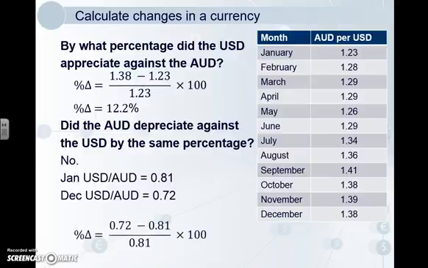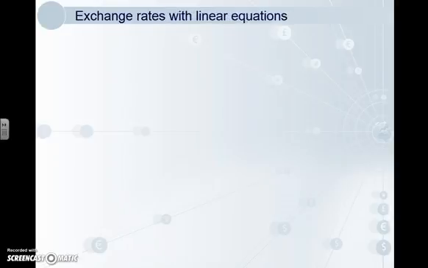We work out the percentage change and we see that it's actually an 11.11% depreciation in the exchange rate. It's important to note that the percentage appreciation of one currency will never exactly match the percentage depreciation of the other.